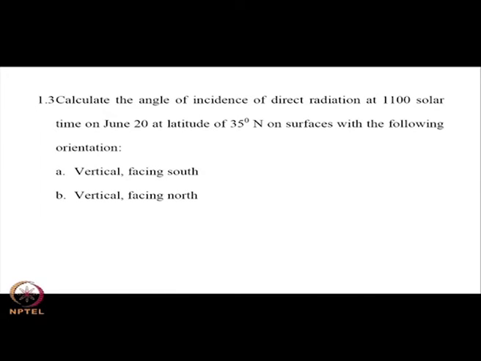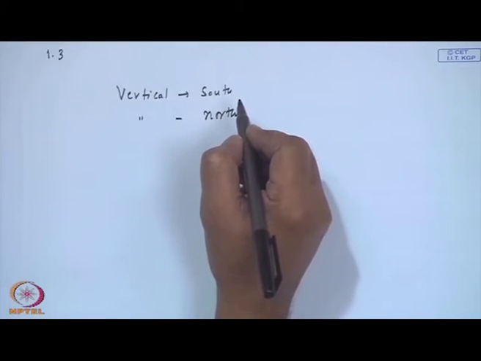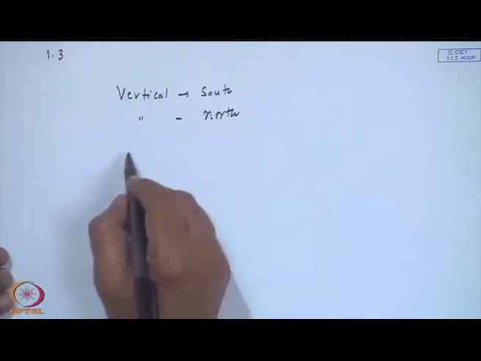So, this 1.3 deals with calculating the angle of incidence of direct radiation at 11 solar time on June 20th at a latitude of 35 degrees north on surfaces with the following orientation. So, we just have two things which I wanted to demonstrate for some purpose. Vertical south, same thing vertical and north. So, and latitude is 35 degrees.